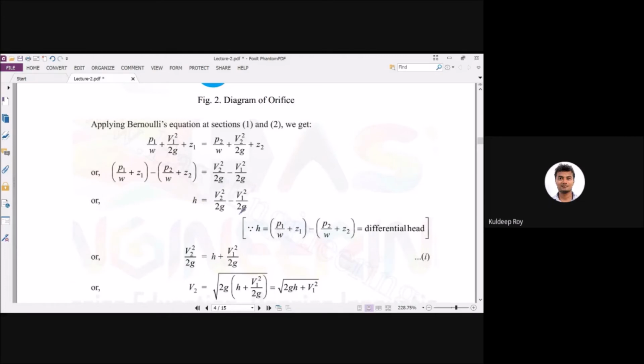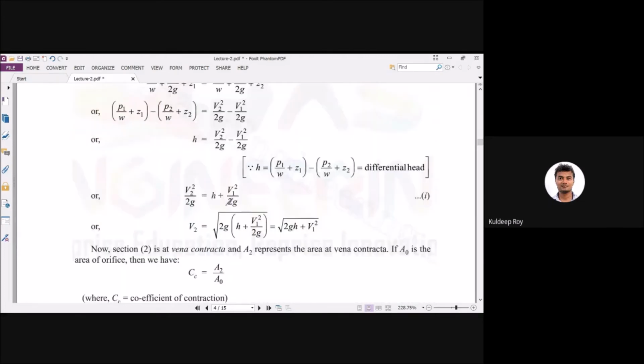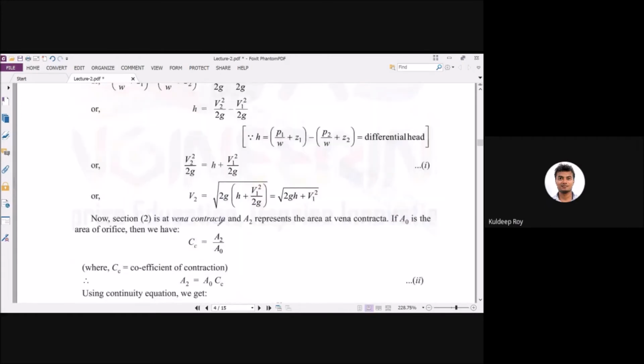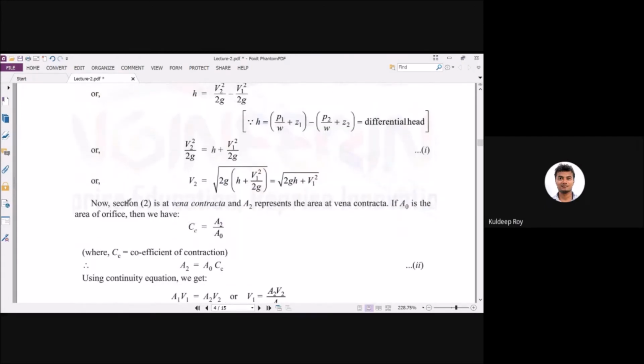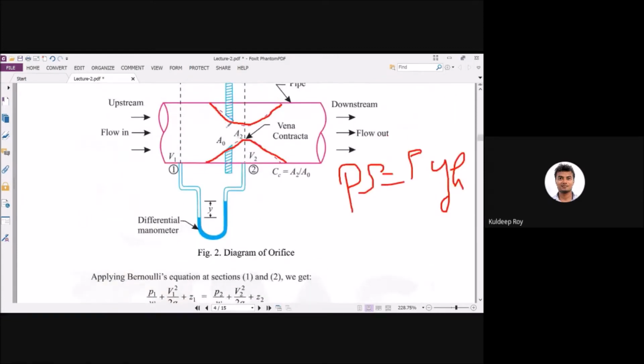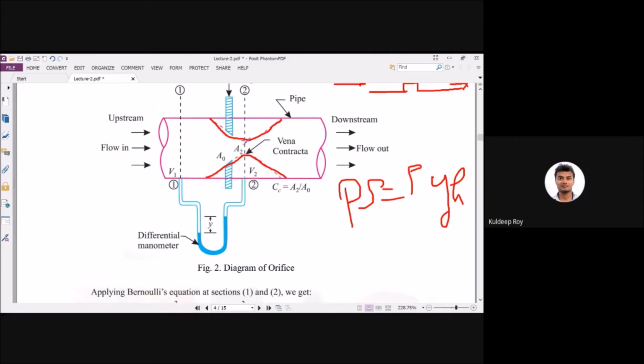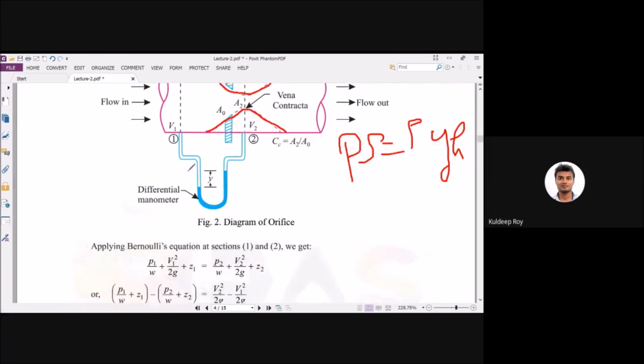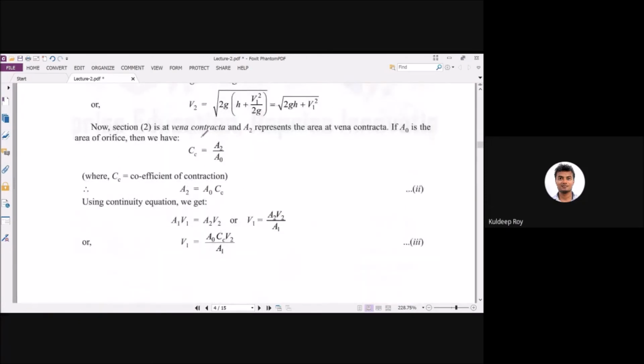Now we are looking for the velocity, so you have to rearrange and determine the velocity. Now section 2 is at the vena contracta, and the area A2 represents the area of the vena contracta. If A0 is the area of the orifice plate, then if you divide A2 by A0, it will give a constant value, the coefficient of contraction.